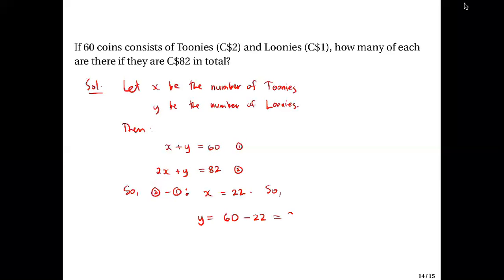This is equal to 38. Therefore, there are 22 toonies and 38 loonies.